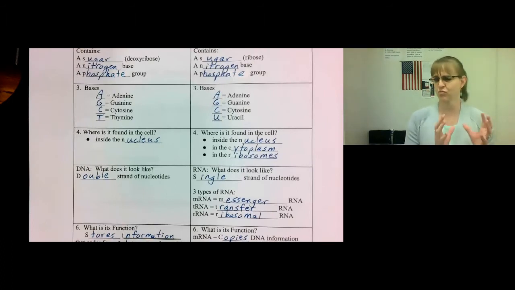You know, if you had this really old special document in the library, they wouldn't let you take that book out, but they would let you make a copy. So RNA is kind of like a photocopy, and you wouldn't copy the whole book, you'd copy the piece you needed. So the RNA makes a temporary copy of the DNA.